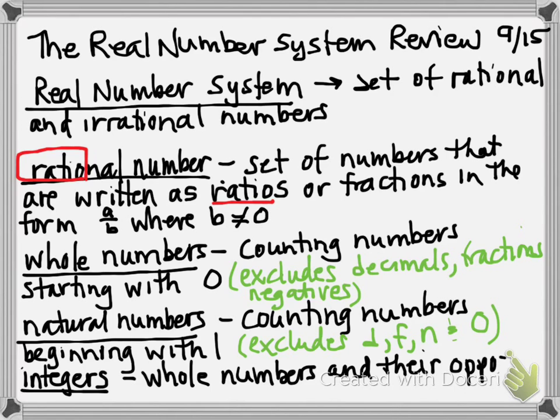And opposites is a very important word that we use in multiple situations throughout math, so we want to get used to using that word. Now, for the facts and characteristics, you can say it excludes the same thing as what's there for whole numbers.